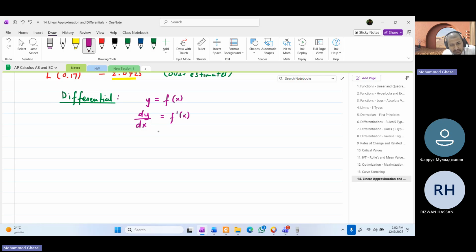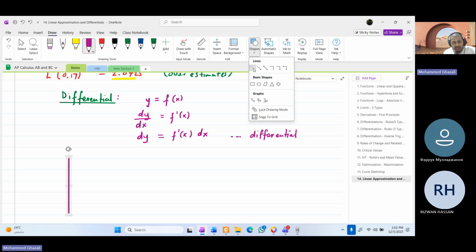So this is the differential. dy is equal to f prime x dx, taking the dx across. Are we good? This is a differential. Now, graphically, what is a differential? I'm going to explain that using a graph.